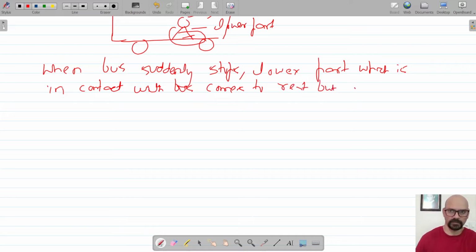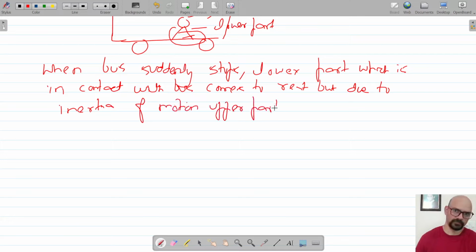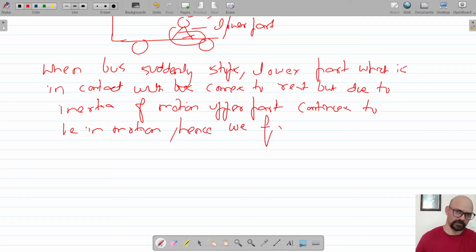But due to inertia of motion, the upper part of our body continues to be in motion, hence we fall forward or we are pushed forward.